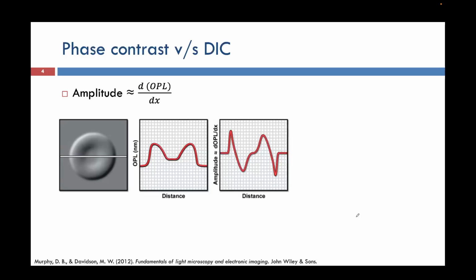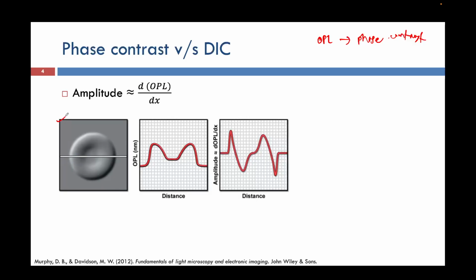So what is the difference between phase contrast and DIC? In phase contrast, we are seeing optical path length converted to phase contrast directly, right? That was the motive for the phase contrast microscopy. But in DIC, what are we doing? Here in this figure, this is one image.